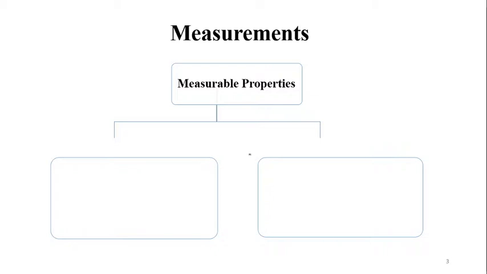If I want to look at the physical properties, they are either extensive properties or intensive properties. The extensive properties depend on how much material is considered, such as mass or volume.